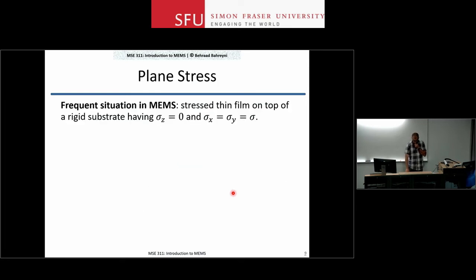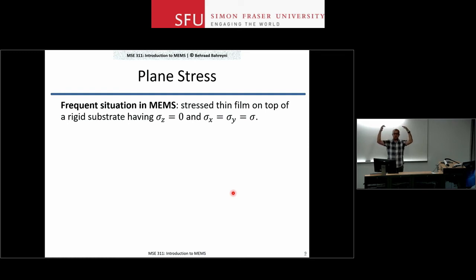Now, a frequent situation, so now to see how we can use this information. A frequent situation that happens in MEMS is that as you deposit a film on a substrate or as you grow it, usually you have stresses develop inside the material. So for example, if you're sputtering a film on a substrate, let's just assume we have a uniform stress here.